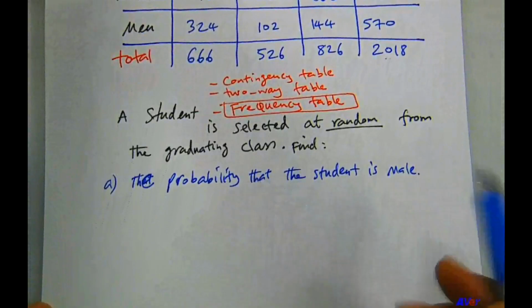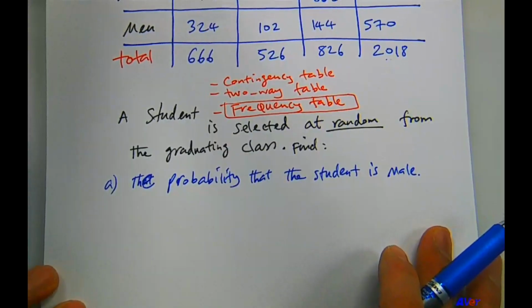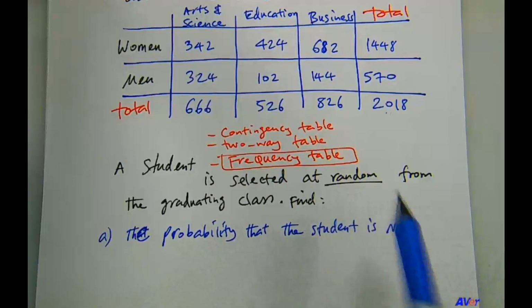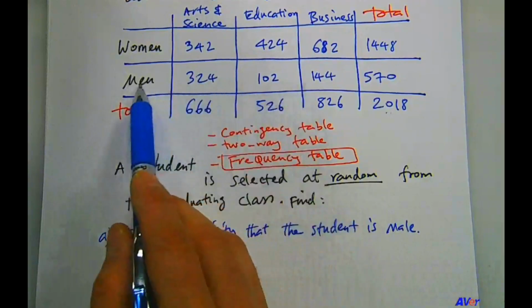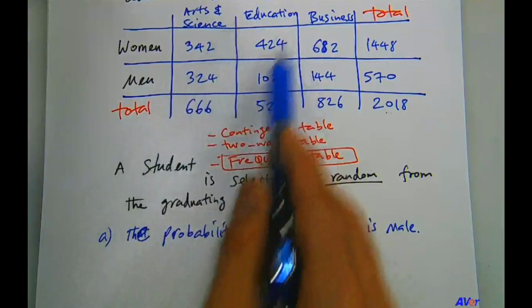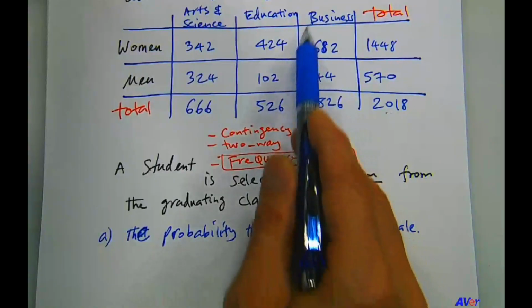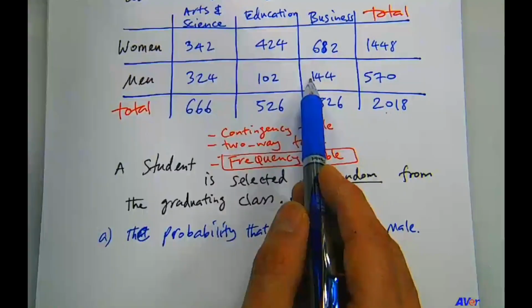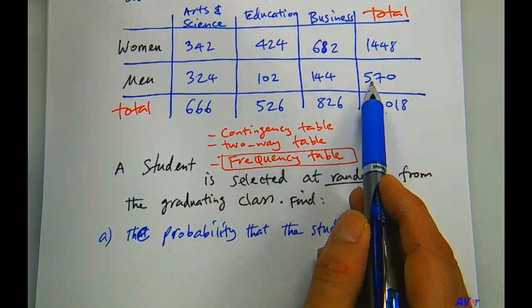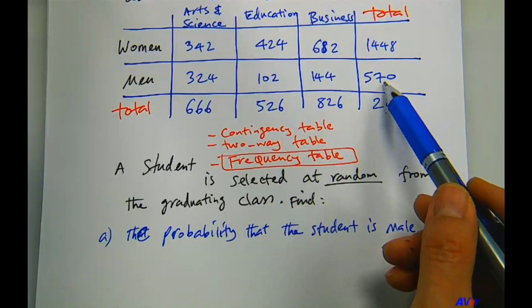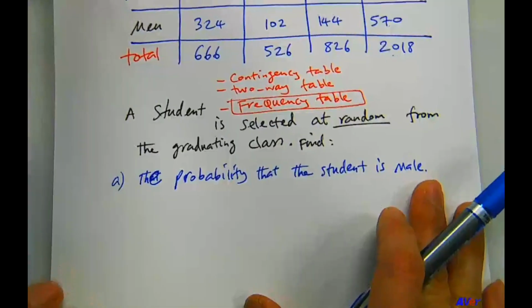Okay, so the probability that the student is male, let me scroll up so you can see the male students, the total for all graduating majors is 570. So we take the ratio of 570 by 2018.